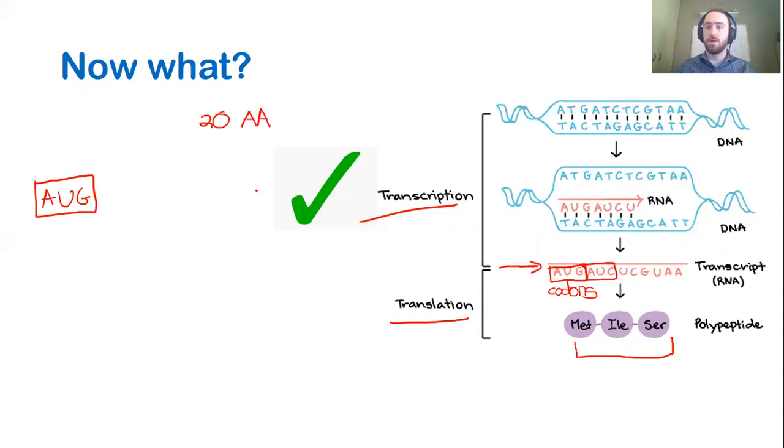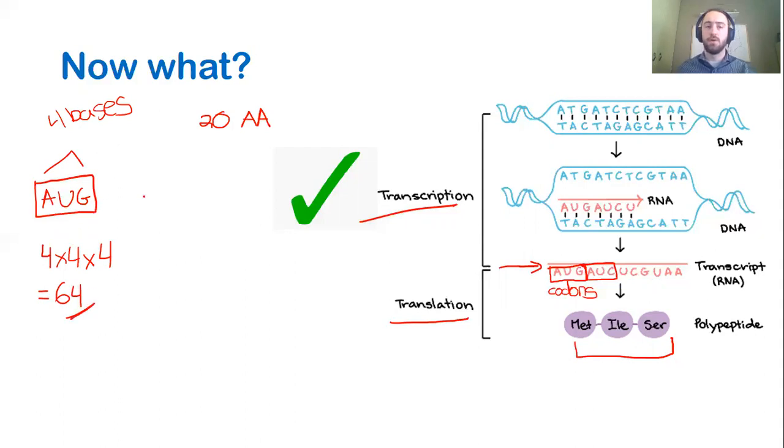How many combinations can we make of 3 base pairs given the fact that we have 4 bases? Well, it's simply 4 times 4 times 4, right? Each position could have one of the 4 bases. So we could have 64 different combinations of codons.